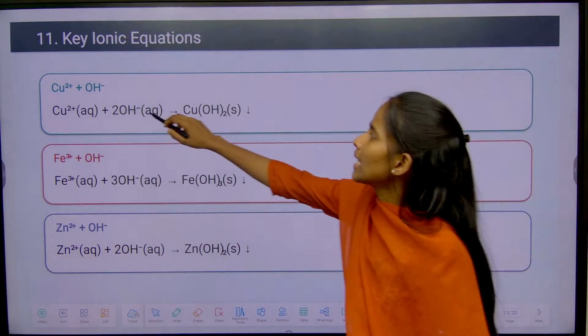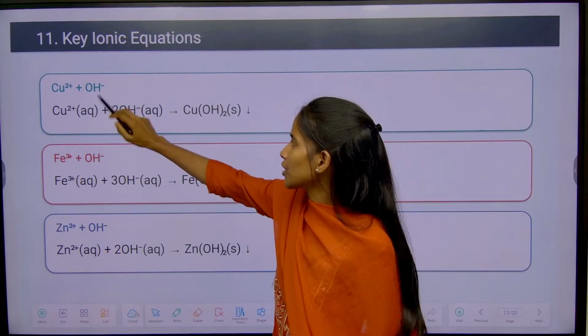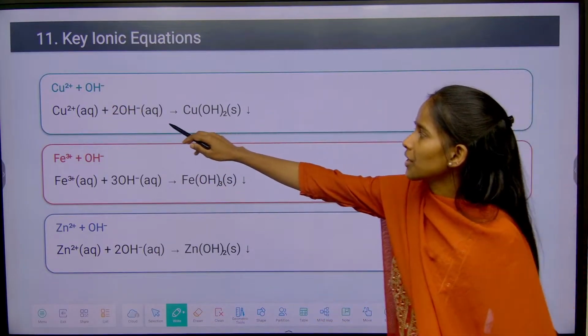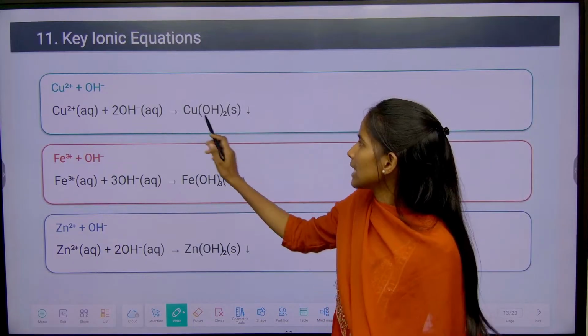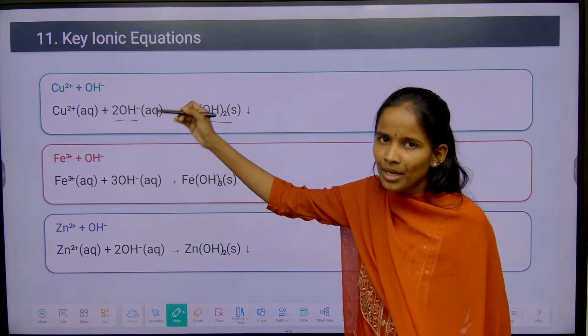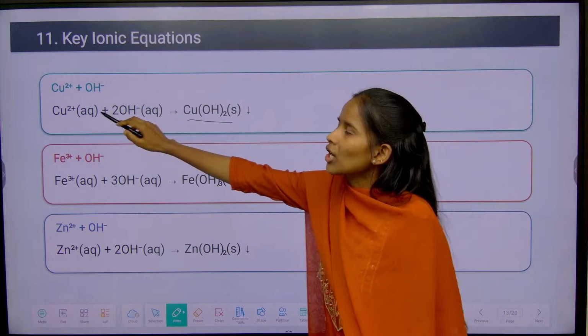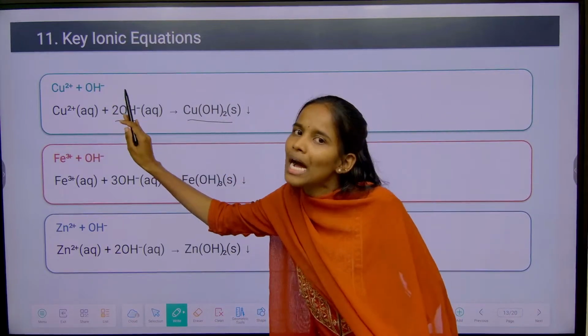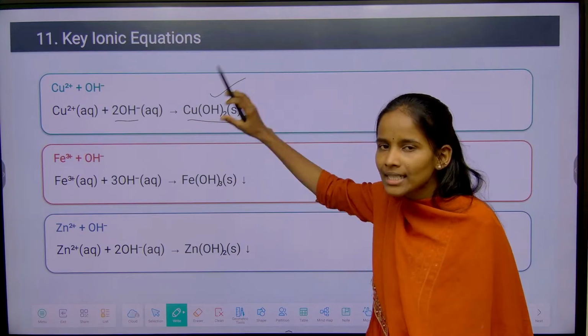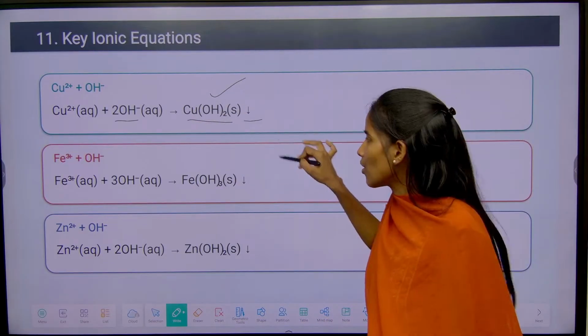See here, Cu2+ and OH minus. What will happen? Cu2+ in the presence of OH minus ions will form Cu(OH)2. Here, whether we take ammonium hydroxide or sodium hydroxide, Cu2+ will react with the oppositely charged hydroxide, so we get copper hydroxide. As it is a precipitate, we represent it with a down arrow.